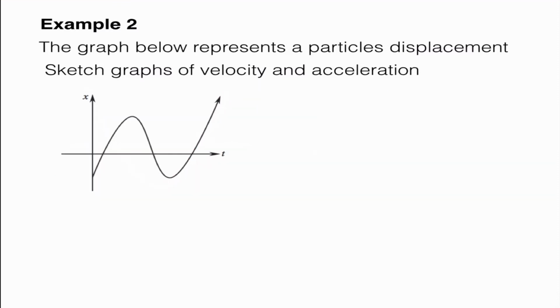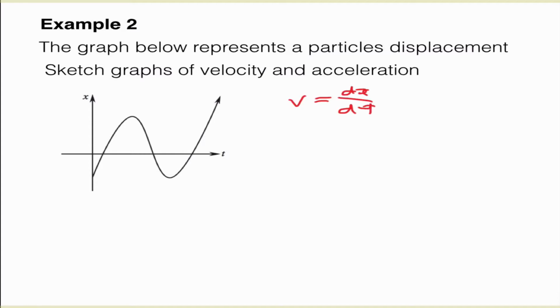A slightly more complicated example is this one. Once again, we want to graph the velocity function here, so velocity equal to dx/dt on this same function. Once again, we're interested in the turning points, because those turning points are going to be where our velocity function cuts the axes. We then look on either side of our turning points.